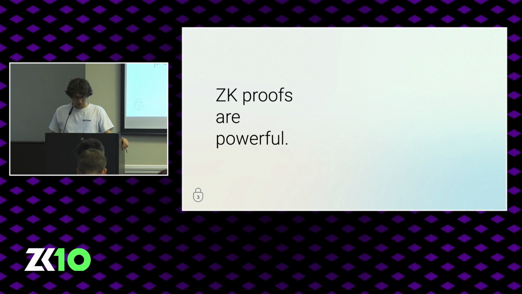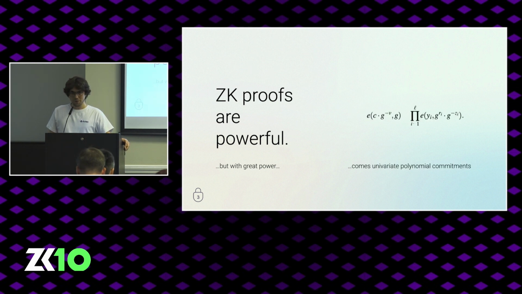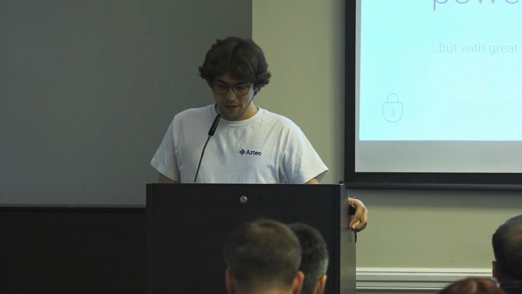So we know that ZK proofs are powerful. I think everyone knows that if you're here. But with great power, usually come univariate polynomial commitments. And if you're like me and you struggle with this kind of math, then maybe Noir is exactly what you're looking for.